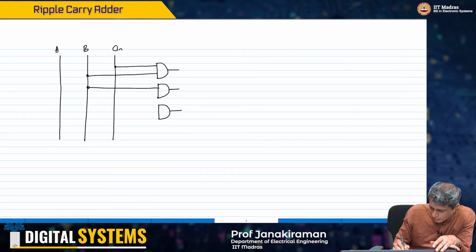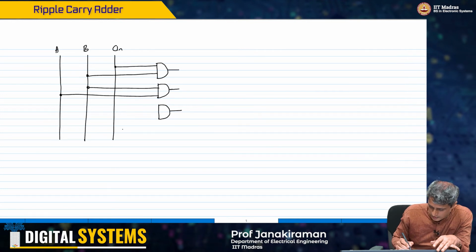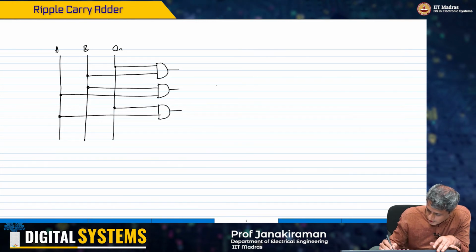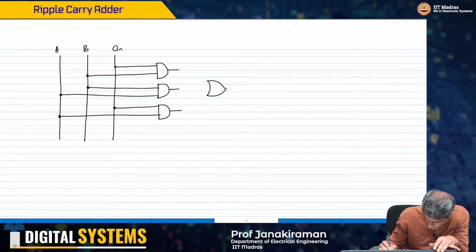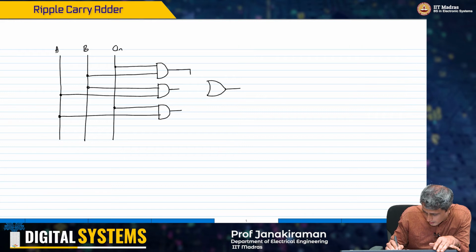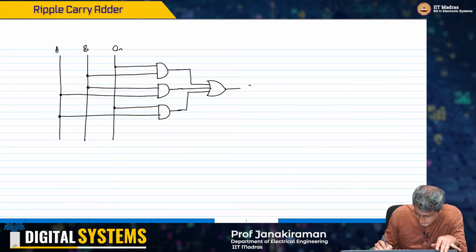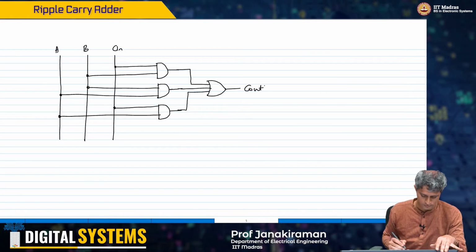This can be A and B, and this can be A and C. And then finally I simply do an OR operation here, and this is my C out.